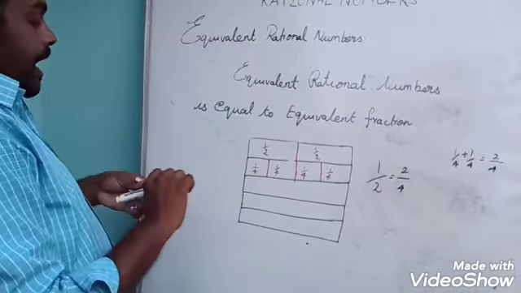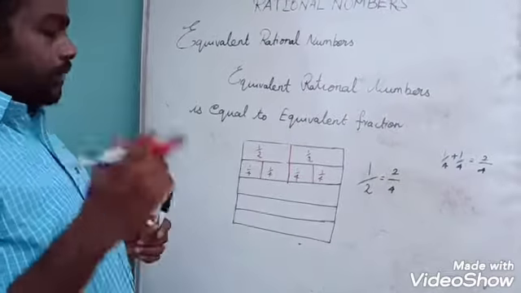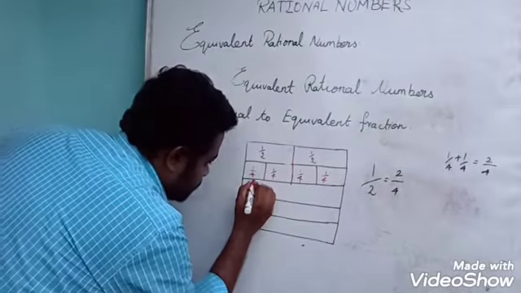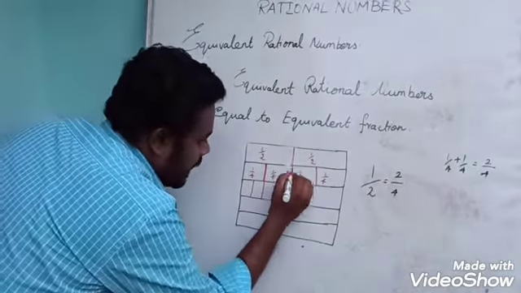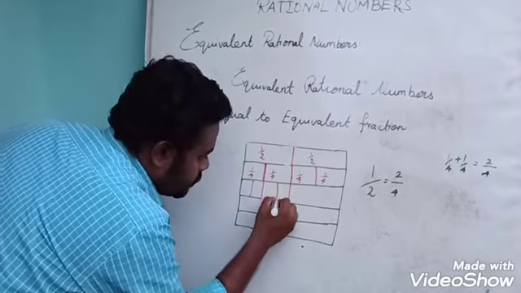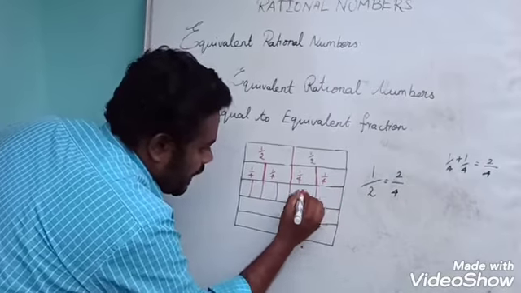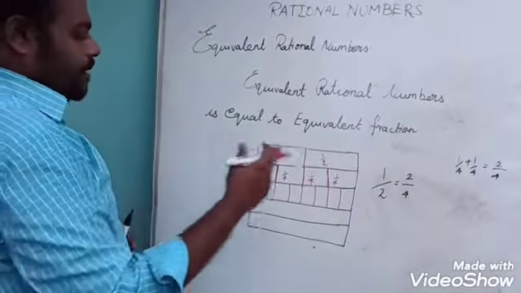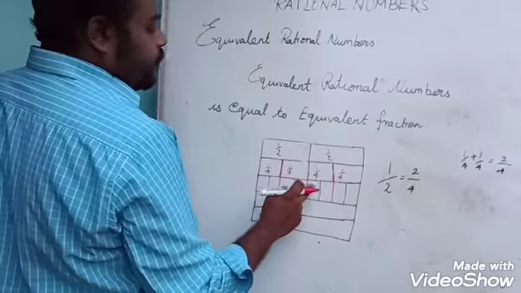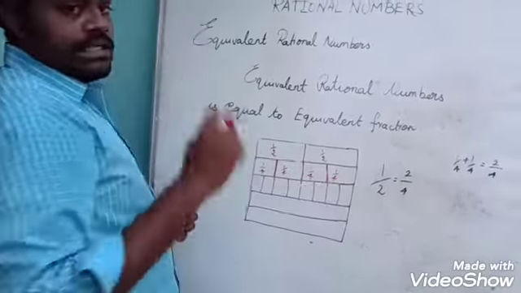Next I have to split each section into two equal parts. So we finished this one, and again I split this into 2, and this one into 2. Now how many parts? 1, 2, 3, 4, 5, 6, 7, 8 equal parts.